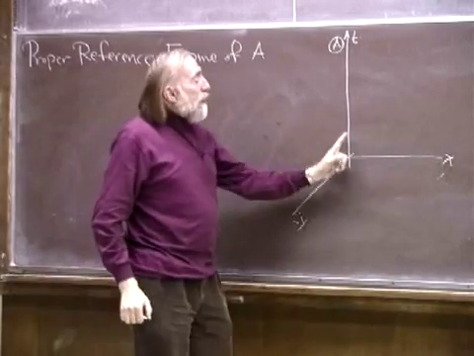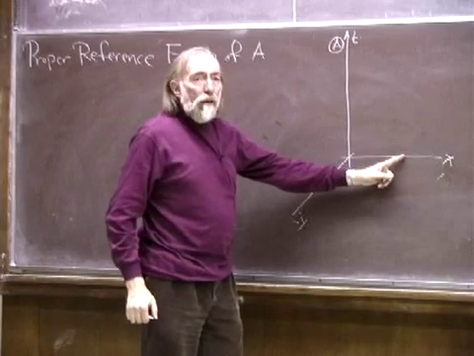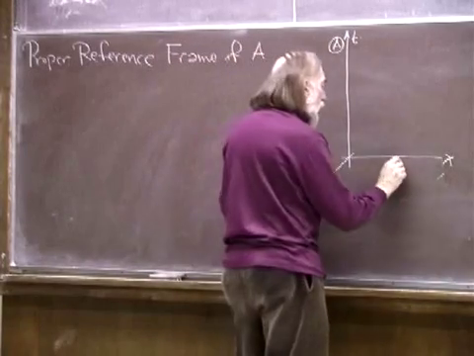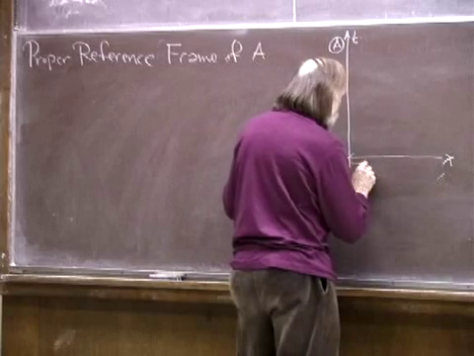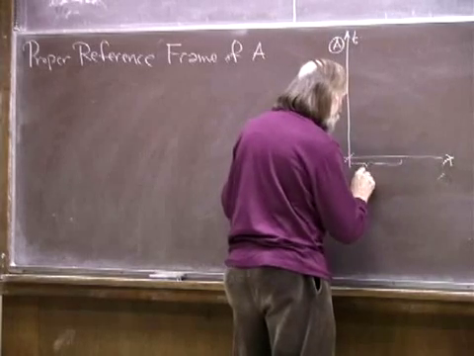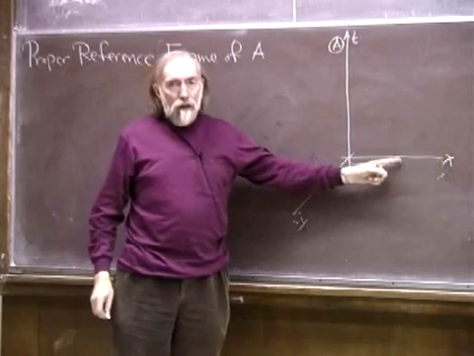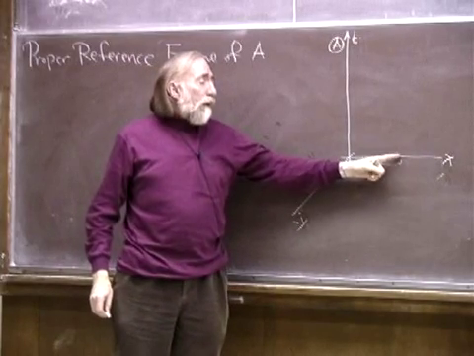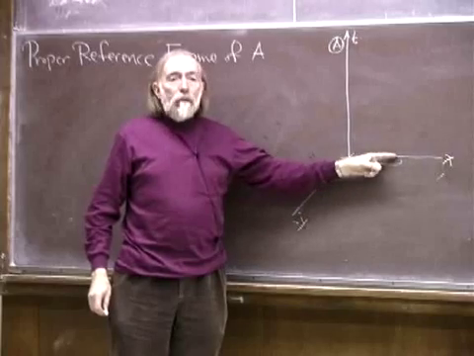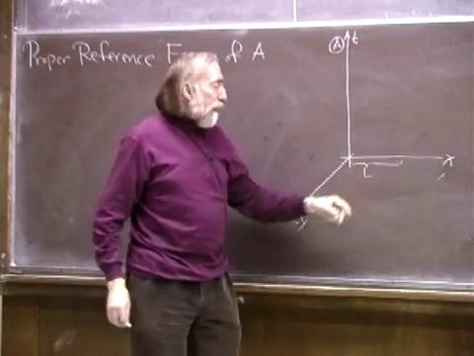Particle B, I will, for simplicity, put on the x-axis, but out at some distance such that before the gravitational wave arrives, the proper distance between the two particles is L. And the gravitational wave is weak, so the proper distance will continue to be very close to L as the waves pass.